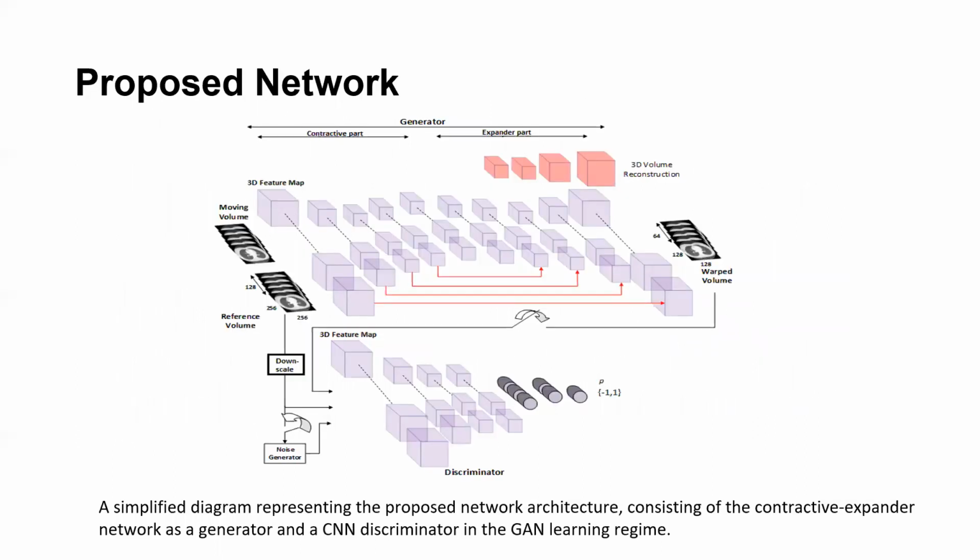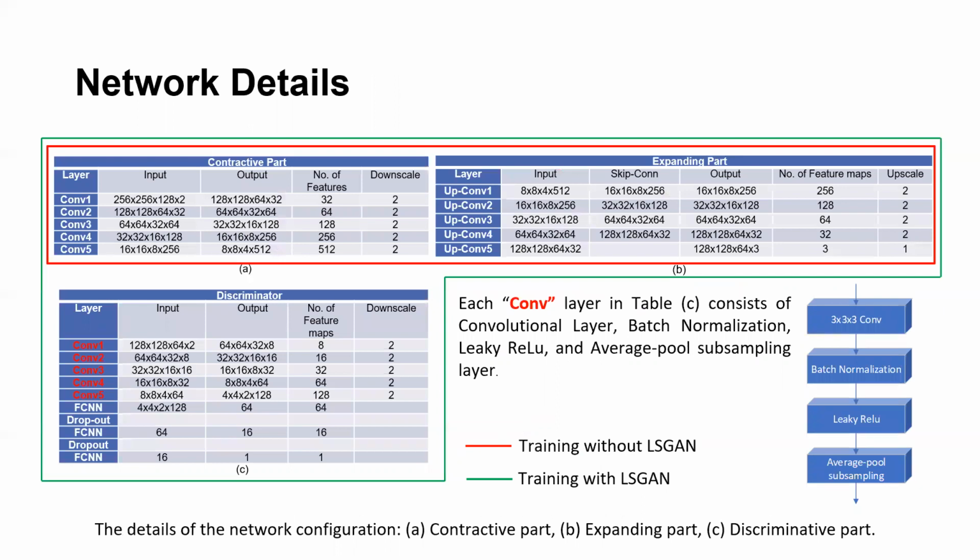The network structure is shown in the figure. You can see that the network consists of a generator and a discriminator, and the sizes of the volumes are shown at the input and the output of the generator. The breakdown of the network is shown in the list.